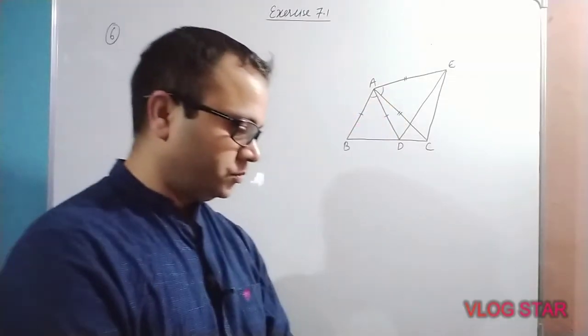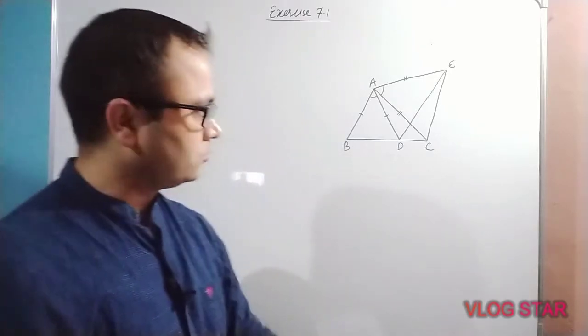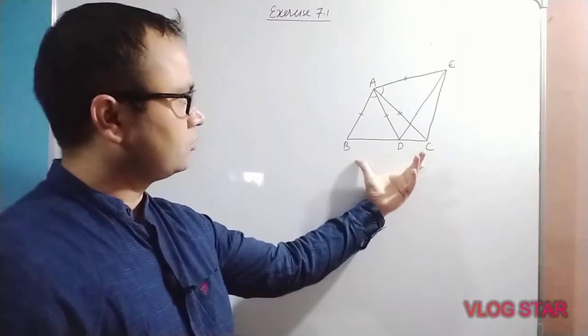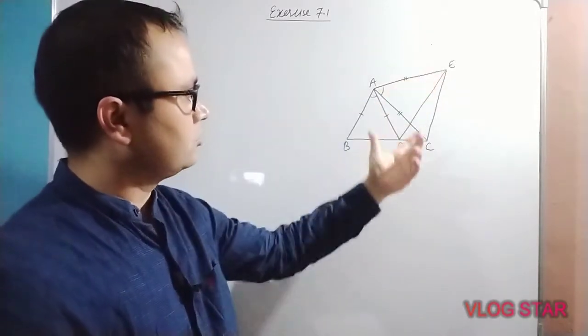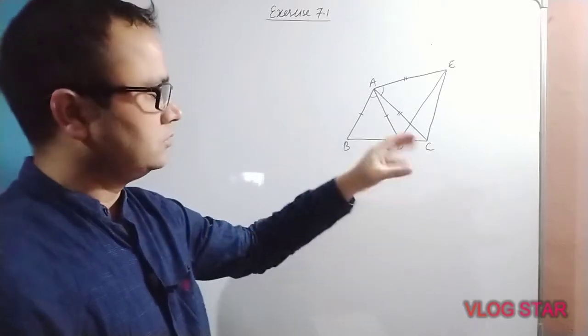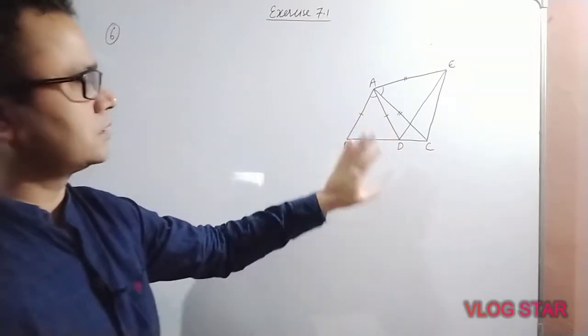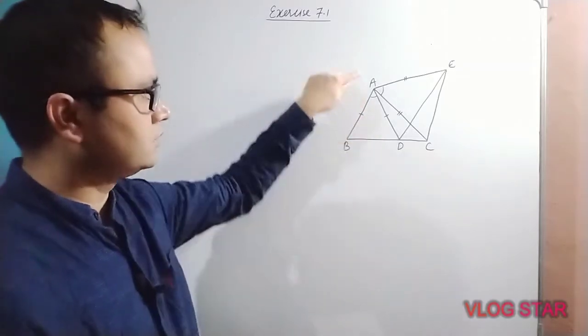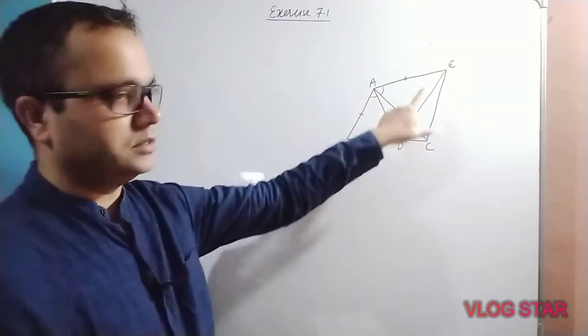Now we have to prove that BC equals DE. First, we have to prove the congruency of two triangles ABC and ADE.